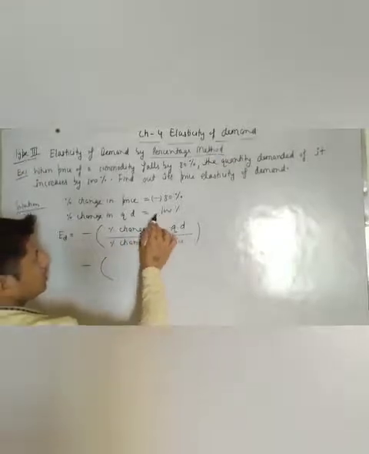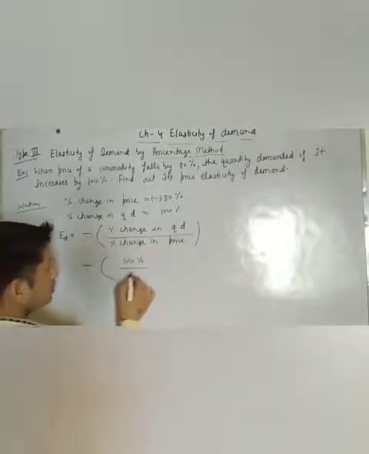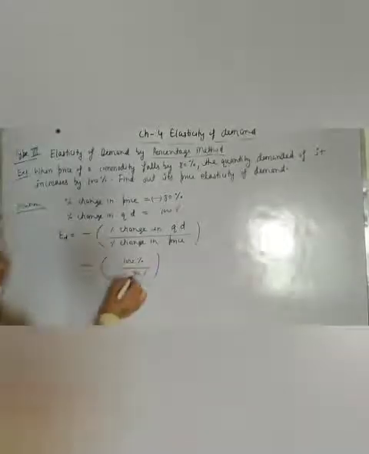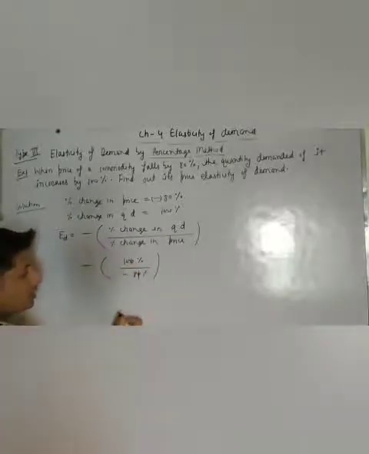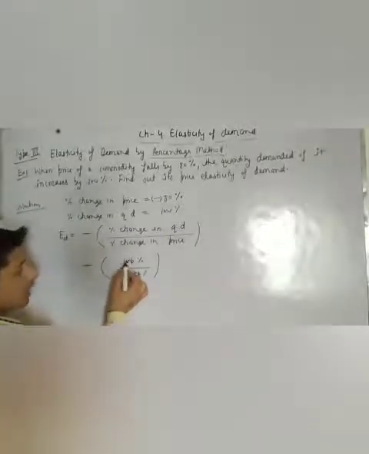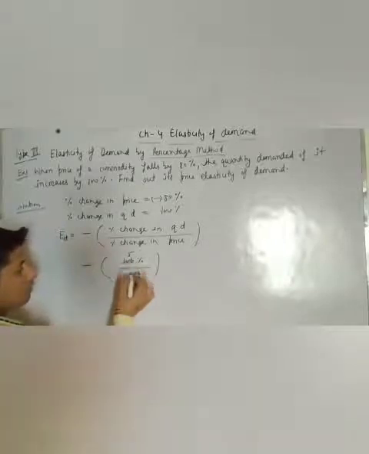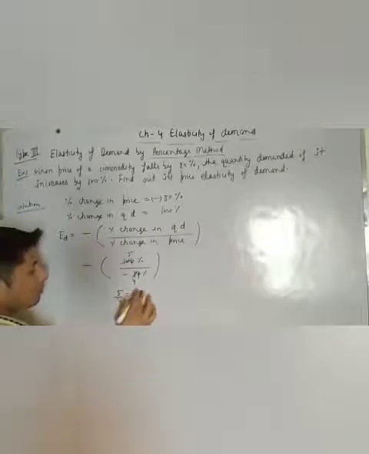Percentage change in quantity demanded means 100% and percentage change in price means 80%. So this will be, minus will become positive, or you can say cancelled. 0 to 0 cancelled, and 10 divided by 2 is 5, and 8 divided by 2 is 4. 5 by 4 means 1.25.